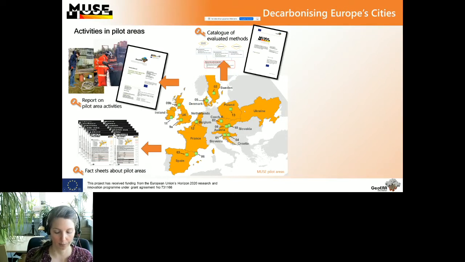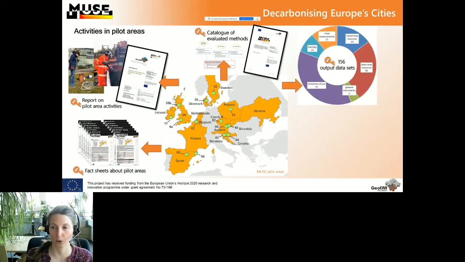And this is now a very good example, a good collection of methods for how you can derive and show resources for shallow geothermal energy that can be applied not only in our pilot areas, but also elsewhere in other European cities, but also beyond.